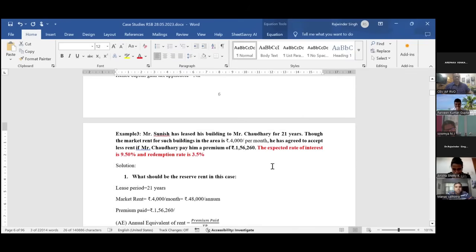In sinking fund, what is your purpose? Here we are not depositing, see the difference. Sinking fund is accumulated for getting a target amount.